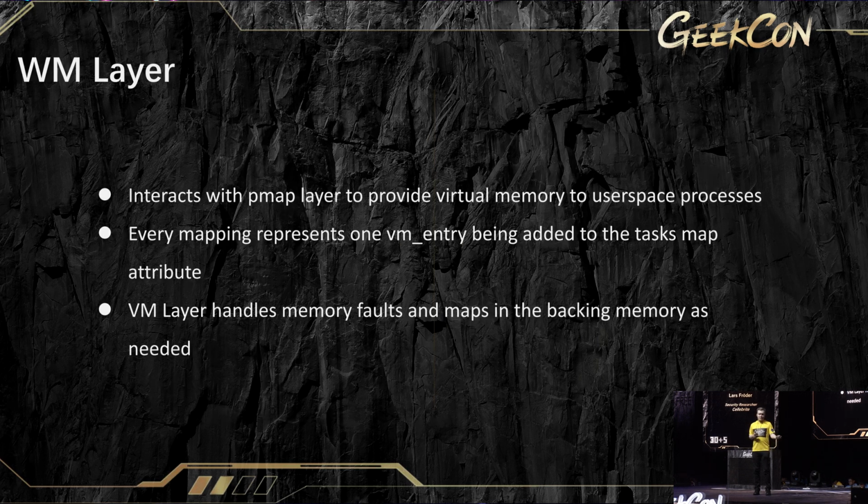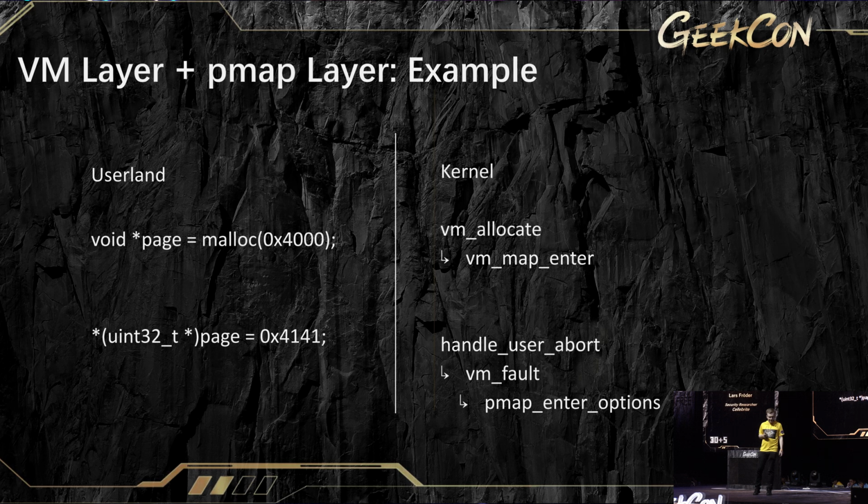And there's also the VM layer, as I explained. It allows the kernel and userland to interact with virtual addresses. Here's a quick example of how the VM layer and the PMAP layer interact. In userland, you would have code to do an allocation, in this case an allocation of one page.